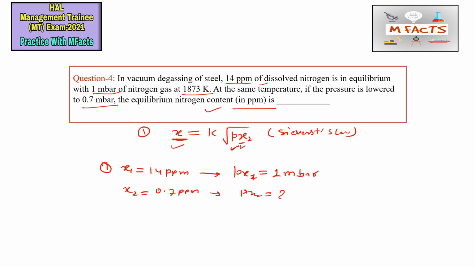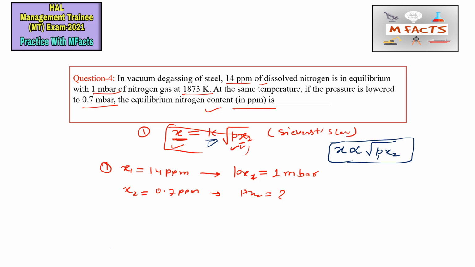From this formula we can easily remove the constant k, because they are asking about the same temperature. So x is proportional to the square root of the partial pressure of that element.